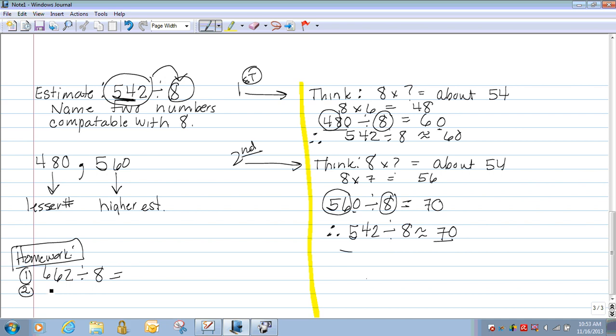The second one I would like you to work is 235 divided by 8. And the last one is 232 divided by 9. Remember, you want to look at these numbers, 66, 8, 23, 8, and 23, 9, to come up with your estimates.